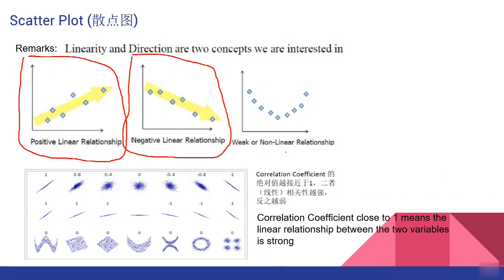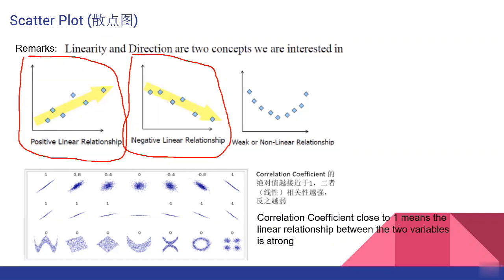Okay, in the second half of Unit 3, we'll learn numerical descriptive techniques, which can be used to measure the correlation of the two variables. Actually, there is a parameter or statistic called the correlation coefficient, which measures the relationship between two variables.